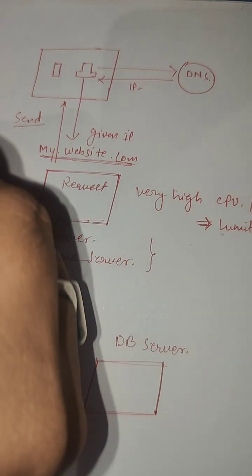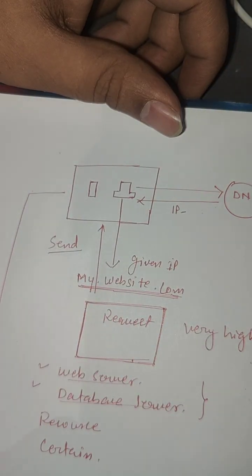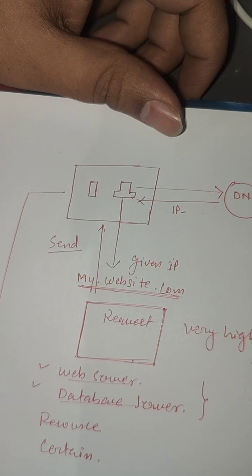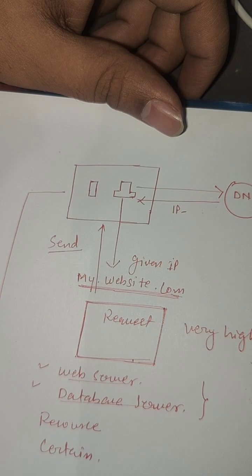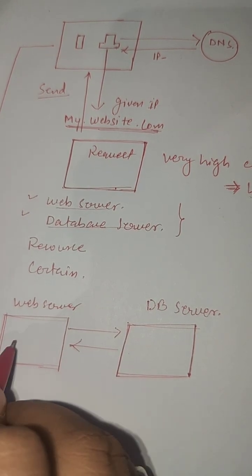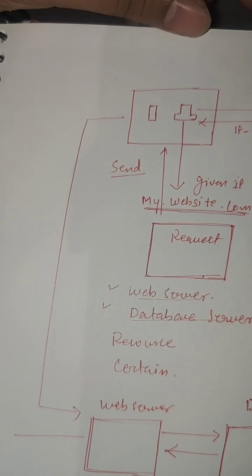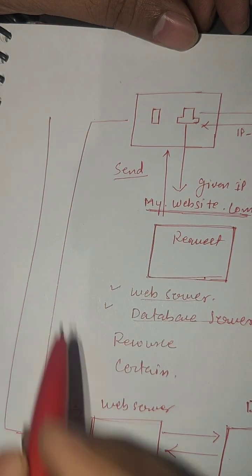So now if the user sends a request, the user will send the request to the web server, which gets the data from the DB server, which will respond with the required data, and then the server will respond back to the client.